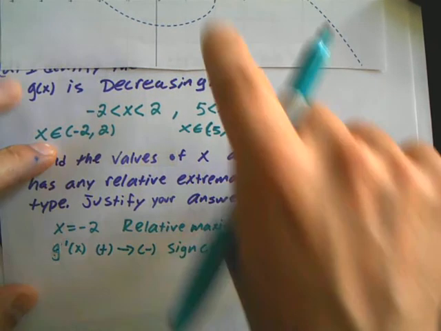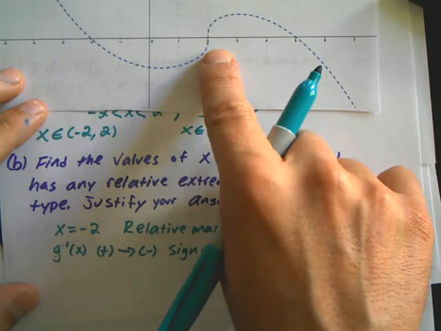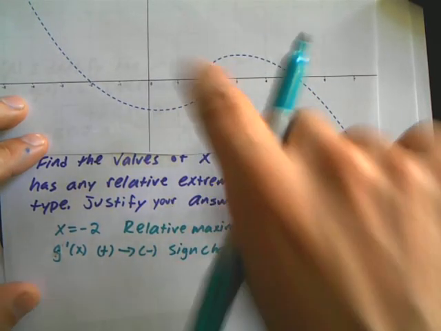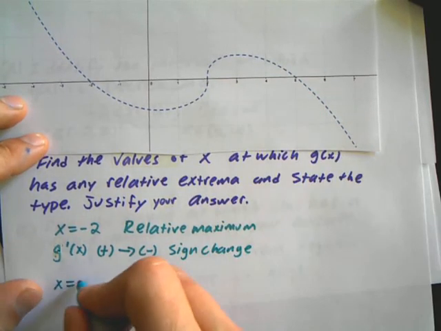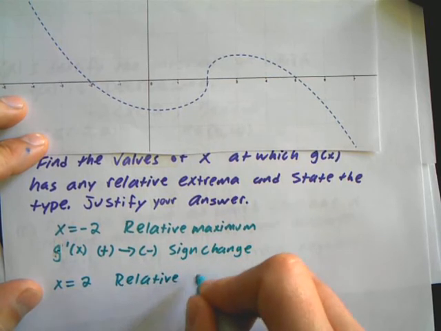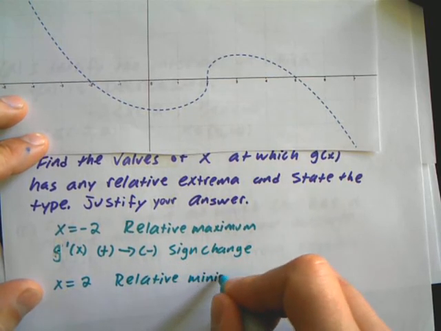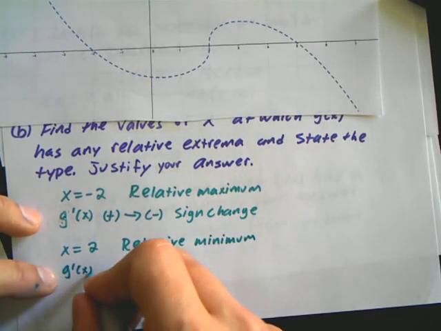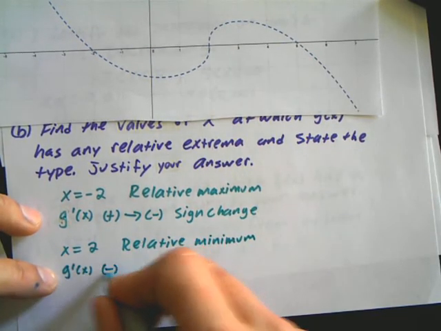Going along the line now, at x equal to +2, there's also a minimum, because it's a negative to positive sign change. And then I have to state the type of sign change, which was g prime is going from negative to positive.